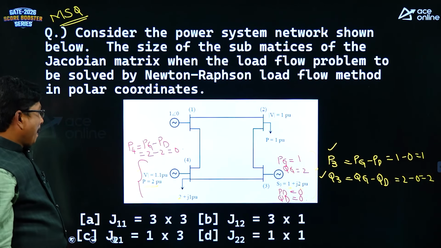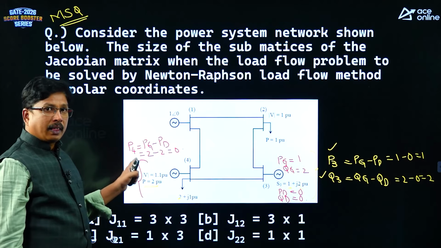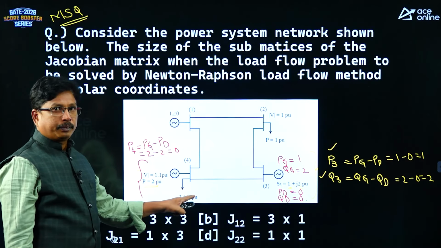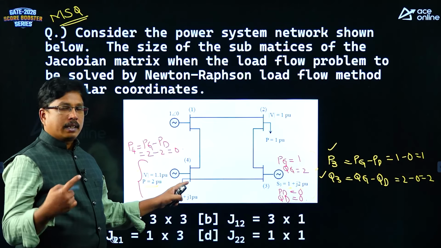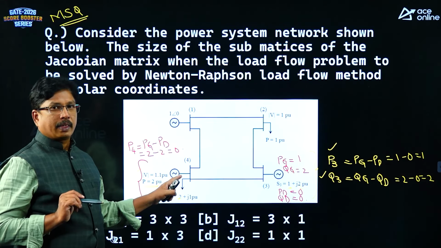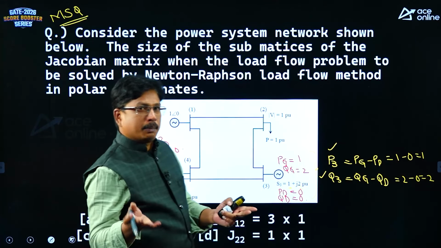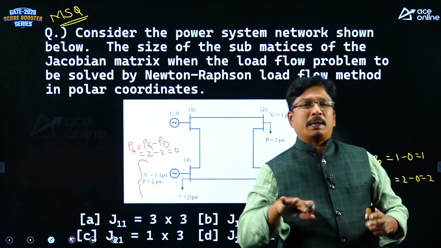P4 is 0. But Qg is unknown, so it's not possible to calculate Q. Q is unspecified there.